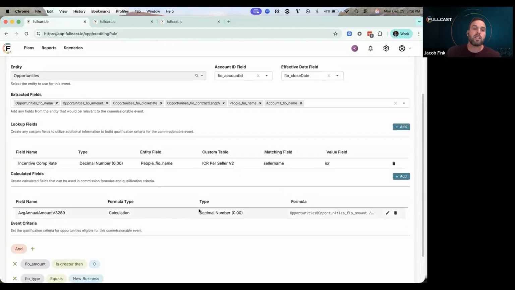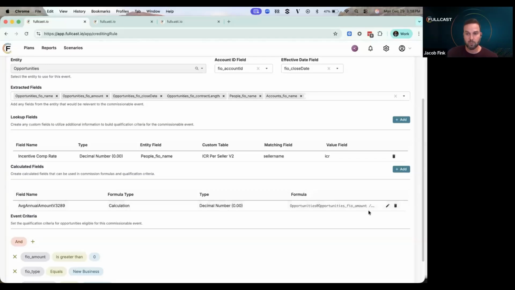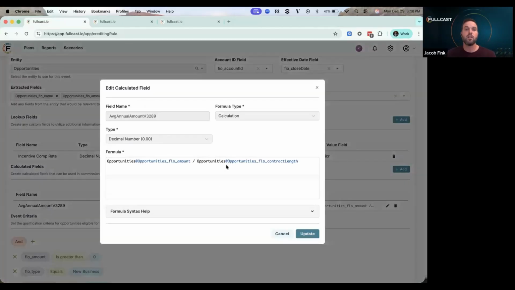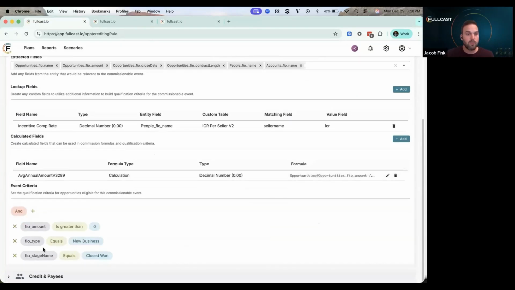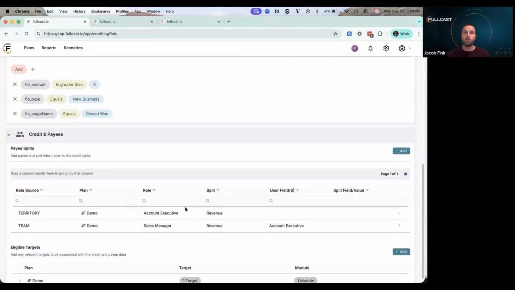In addition, you can do some calculated fields as well. So with some basic operations, you can do some additional calculations as we're gathering all this information together. Below that, we're going to be specifying exactly which individuals are going to be getting credit for this particular crediting rule. So in this case, we have the account executives, and we have their managers who are getting a portion of this credit as well.